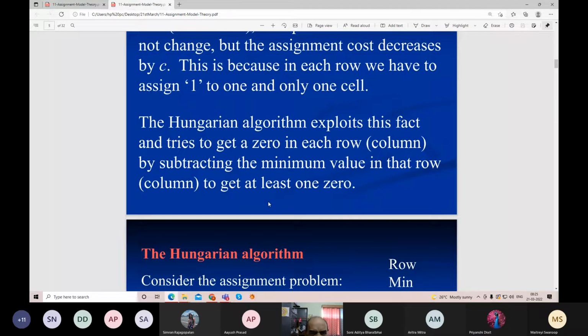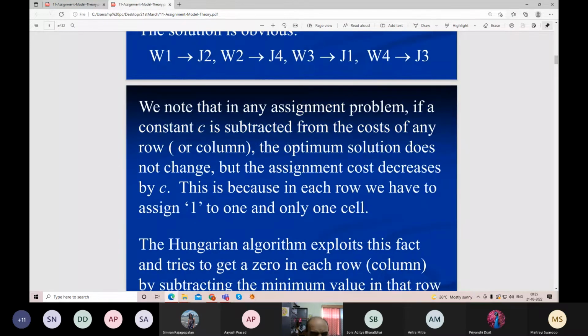We note that in any assignment problem, if a constant C is subtracted from the cost of any row or column, the optimum solution does not change. But the assignment cost decreases by amount C. This is because in each row we have to assign one to one and only one cell.